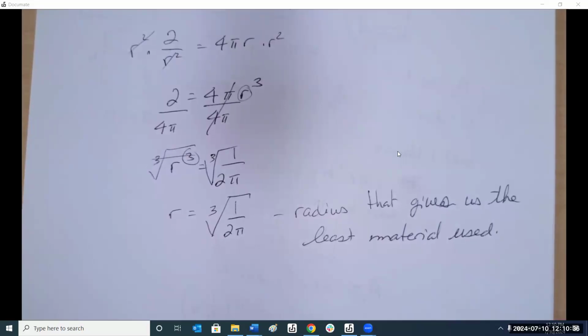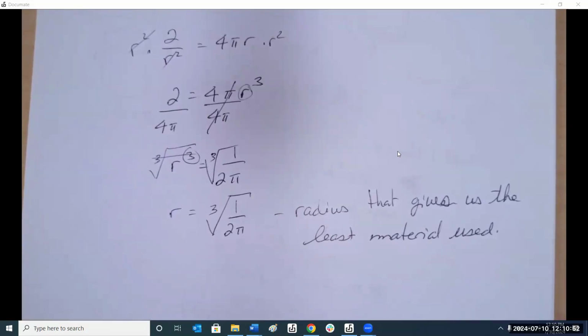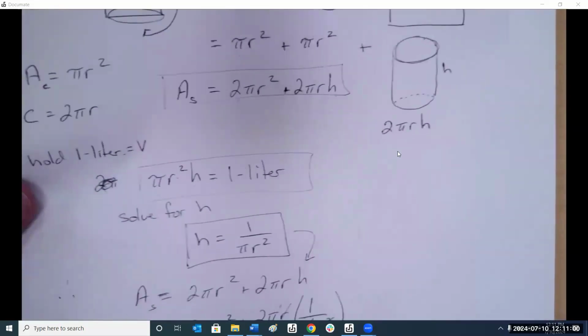We're not done yet, really. What kind of thing are we designing? A cylinder can. We found the radius for the circular part. How about the height? What is the height? Our height equation was 1 over pi r squared.